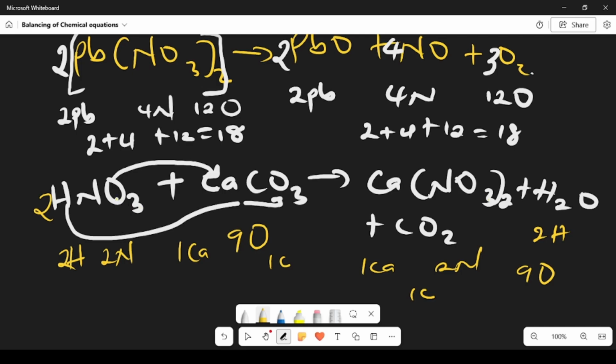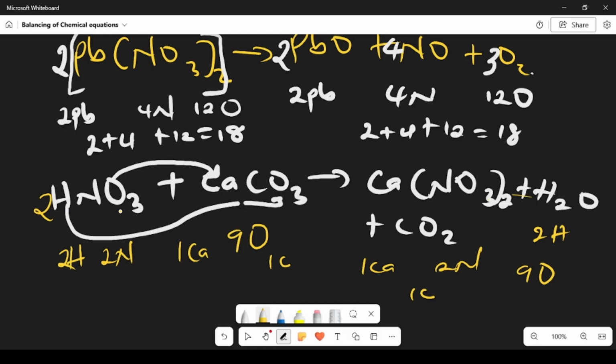Hydrogen trioxonitrate 5 acid reacted with calcium tricarbonate 4. This is an acid. This is also known as limestone or chalk, as the case may be, to form calcium trioxonitrate 5, which is a salt. Yes, this is a nitrate salt. Then water and carbon dioxide.